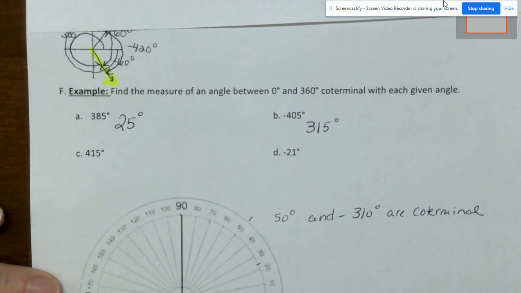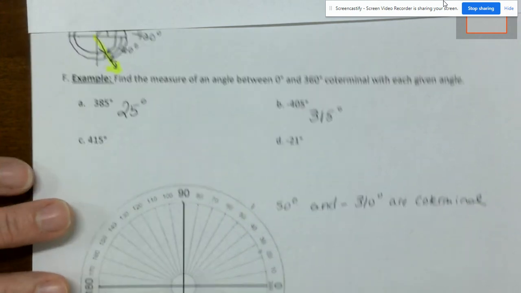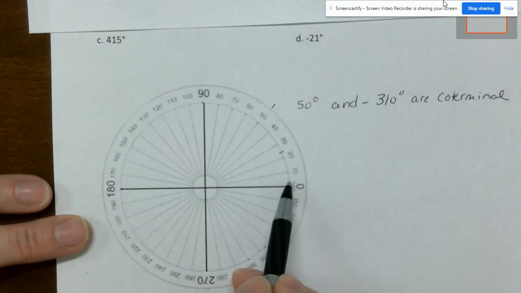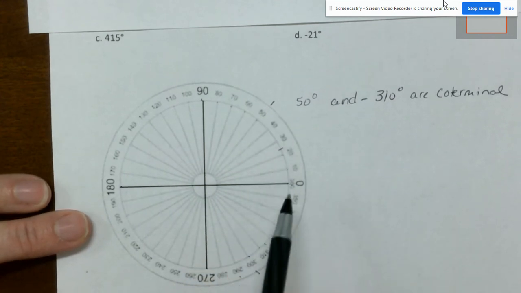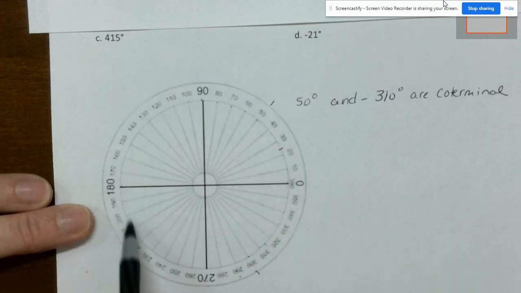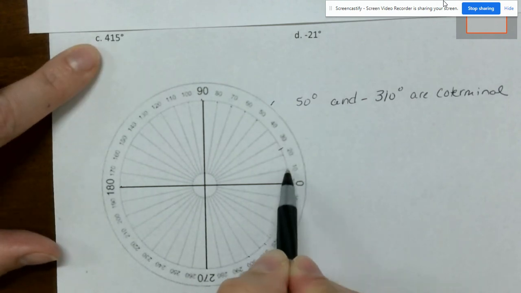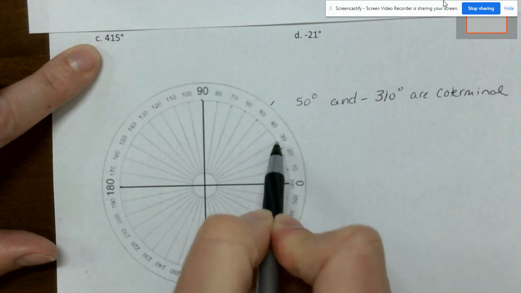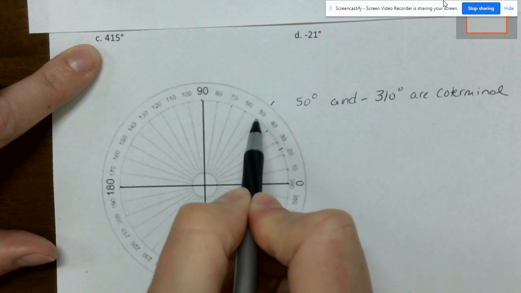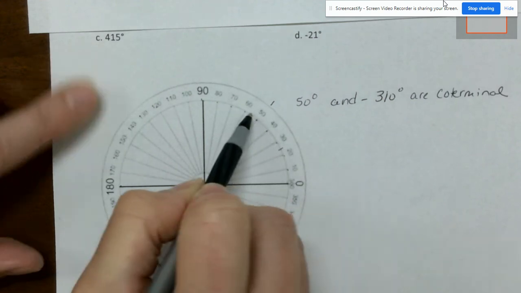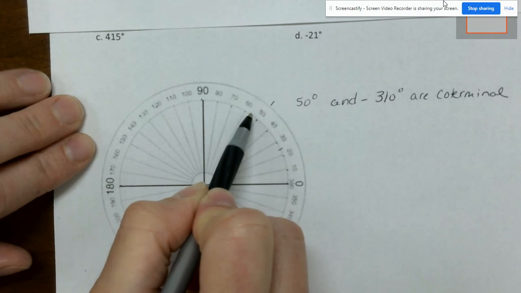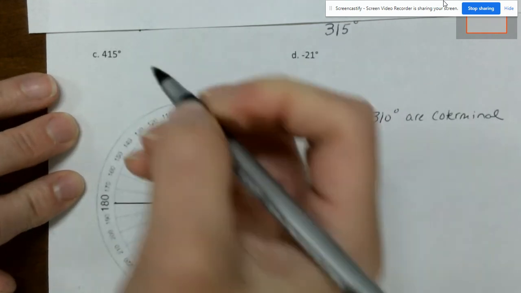315. All right, 415. That means I'm going counterclockwise. So if I go counterclockwise all the way around, I'm at 360, but I need to get to 415. So 370, 380, 390, 400, 410, 415 would be right here. That's between 50 and 60, so that's going to be 55 degrees.